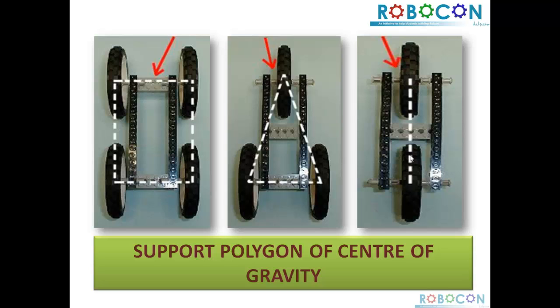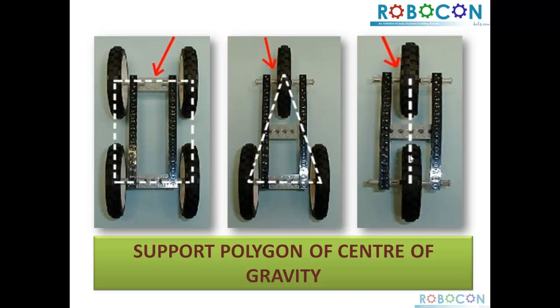The moment that center of gravity goes to the left or right of the center line, there are chances that the bike or bicycle will topple to the side. So similar concepts apply to robots made in any of these configurations.